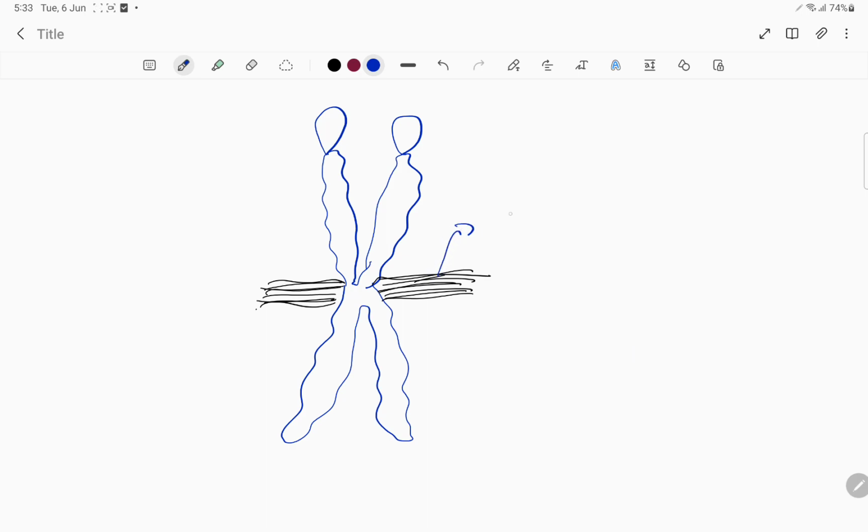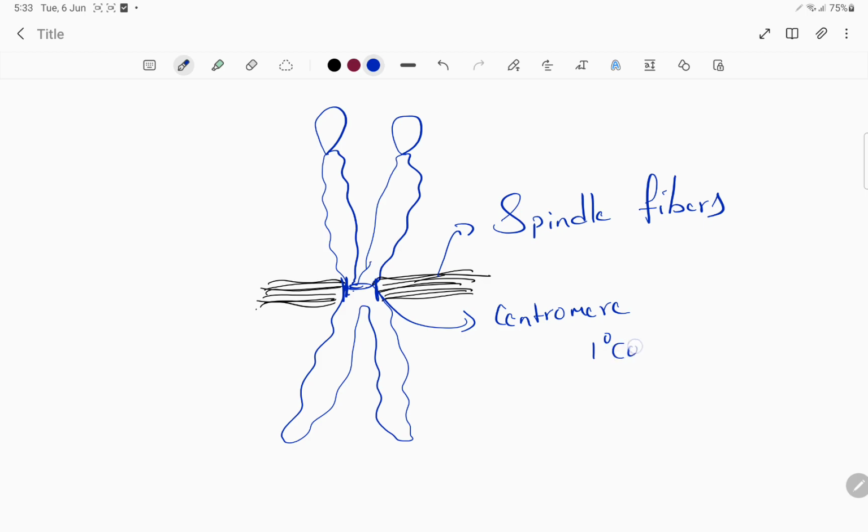This we call spindle fibers. And here we have the centromere. This is the centromere. This is the primary constriction. And this is the secondary constriction. This is the SAT chromosome.